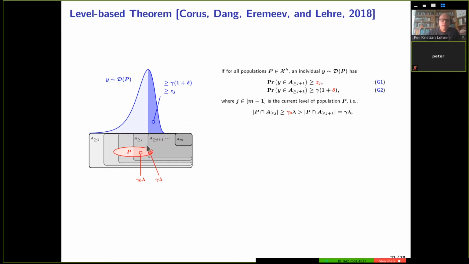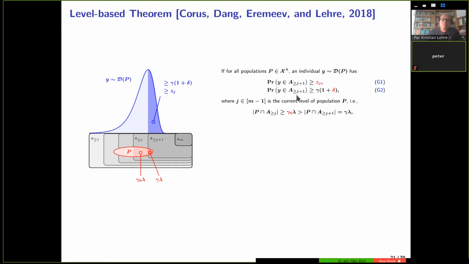So the probability that we end up in level J plus 1 or higher is indicated by this part of this distribution. We need to have some lower bound Zj, given that the current level is J, of producing something in the next level. So it should be a non-zero probability of producing something that is better.